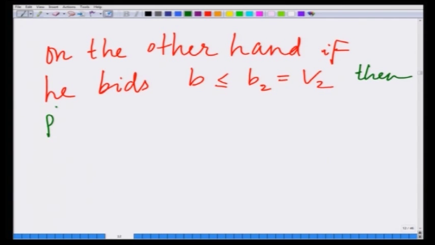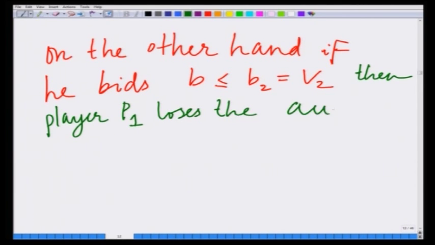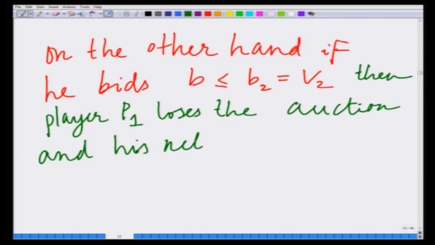Then player P1 loses, and his net payoff is 0, since if he loses the auction, his net payoff is 0.